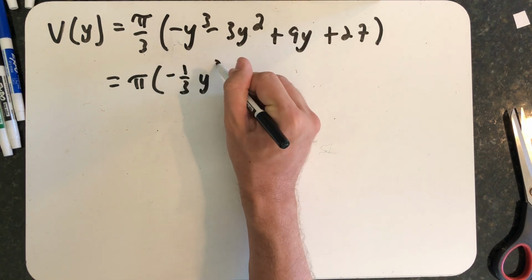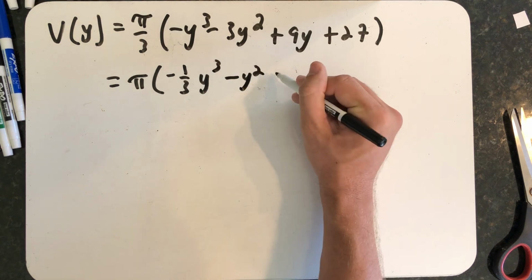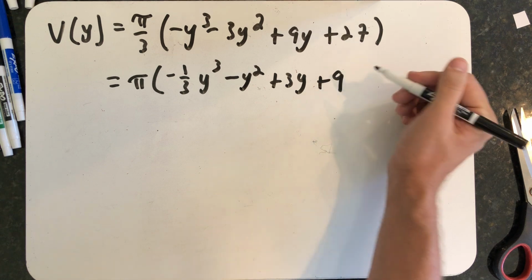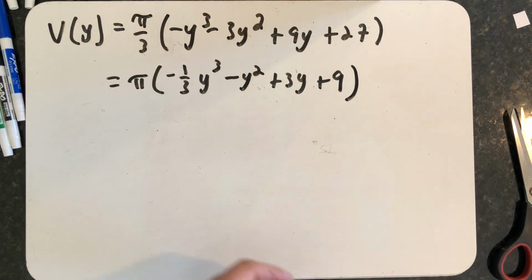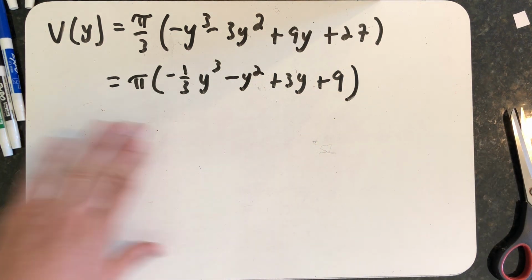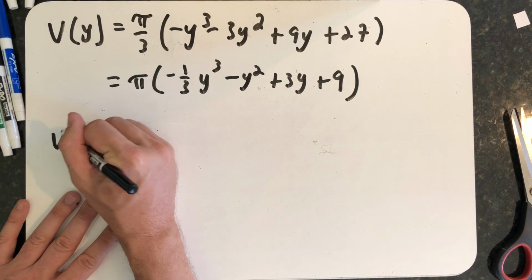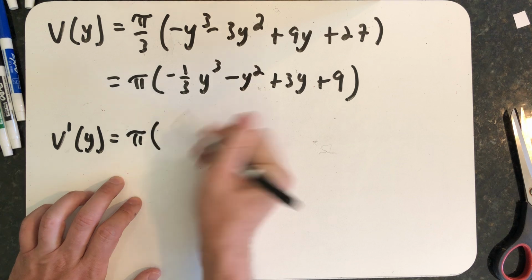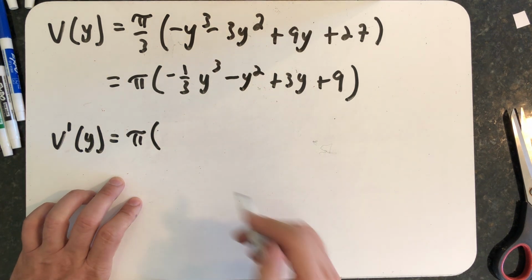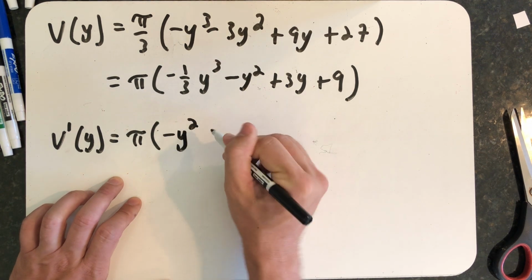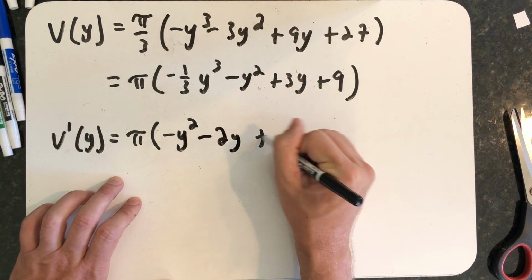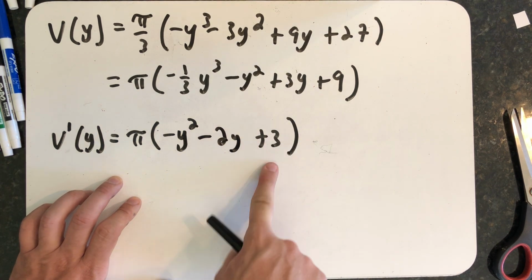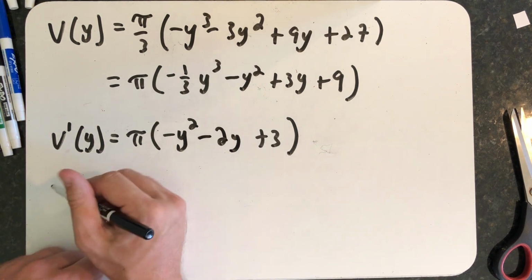There are any number of ways to go about doing this problem, so if you wanted to try doing the arithmetic in a different order, I encourage you to do that. So what I need to do now is take a derivative. Pi is a constant, so it can just sit out front. And I can take the derivative of what's in the parentheses. All right, so pi times minus y squared minus 2y plus 3. I'm looking for critical values.